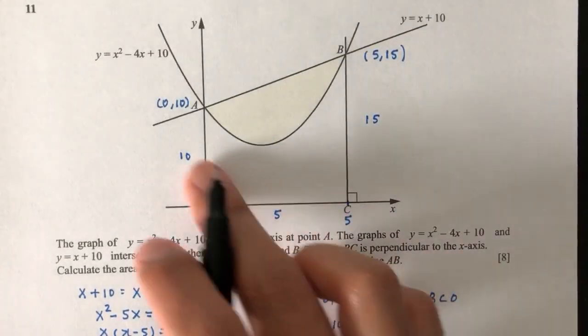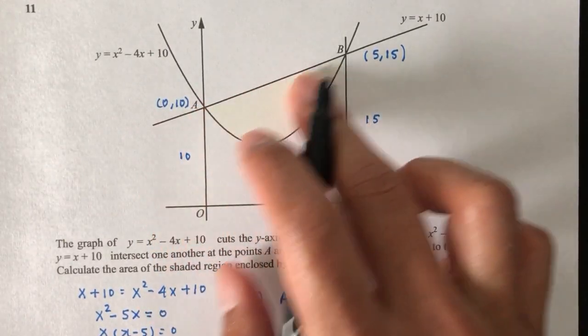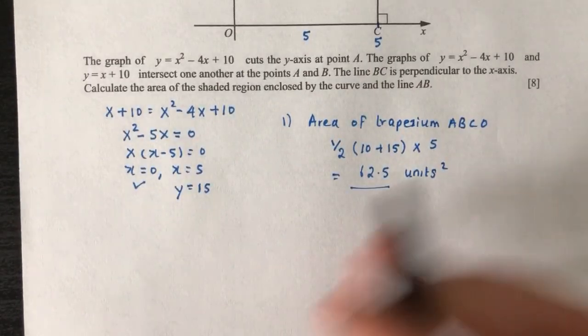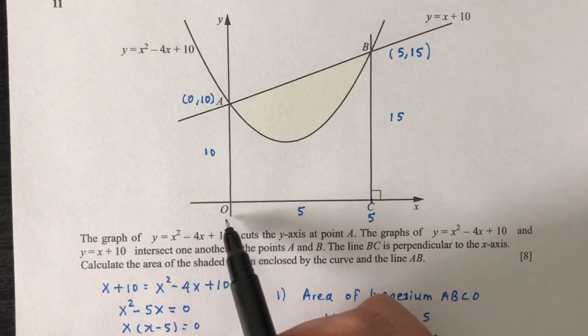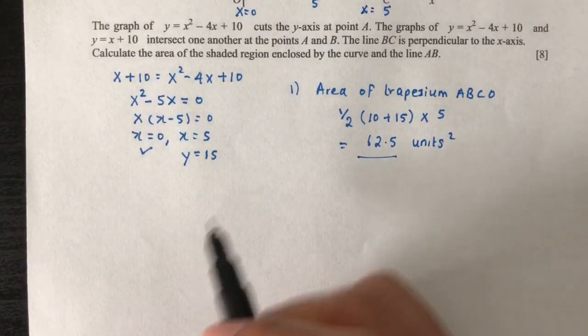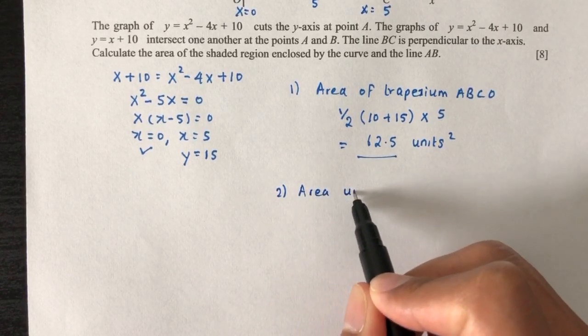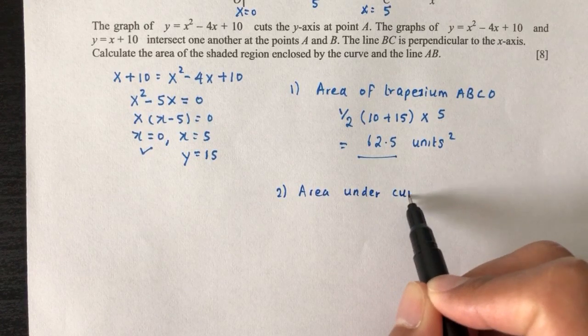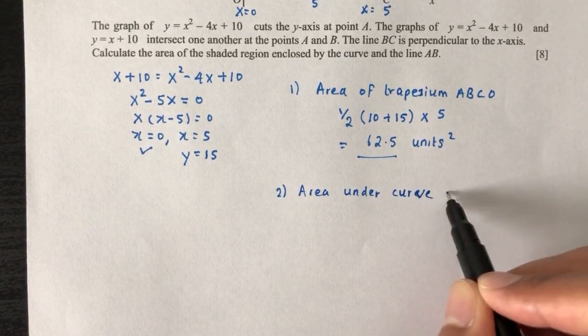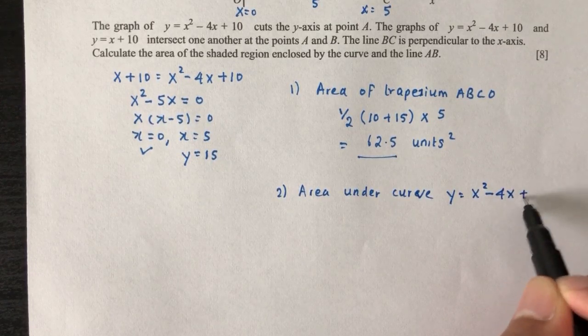So now we have to find area under this curve, so we can minus that area to find this area. So we have these 2 points already. This is x equal to 0 and x equal to 5. So we have to integrate part 2. We have to find area under the curve of y equal to x squared minus 4x plus 10.